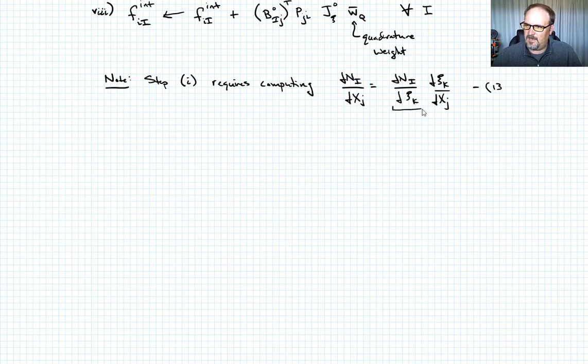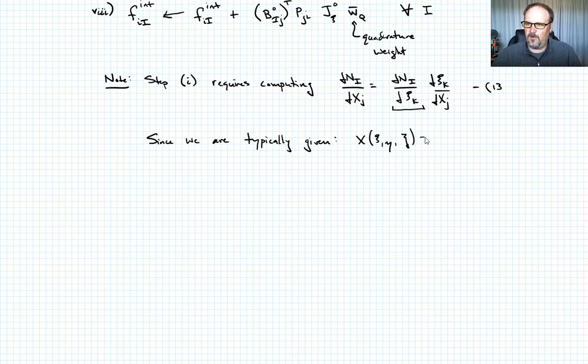This quantity we can get because we can look up N with respect to our natural coordinates, because that's how it's typically defined. So I'll just say that since we are typically given that x is some function of xi, eta, and zeta, or in this case we're going to call these xi_1, xi_2, and xi_3, those are our x, y, and z natural coordinates.